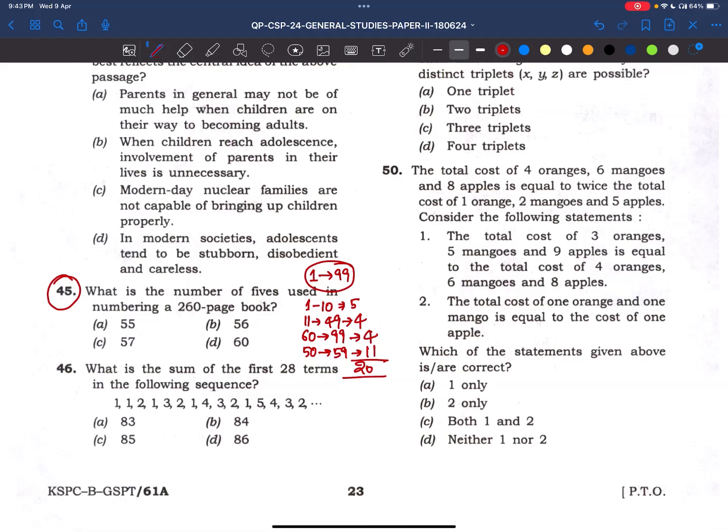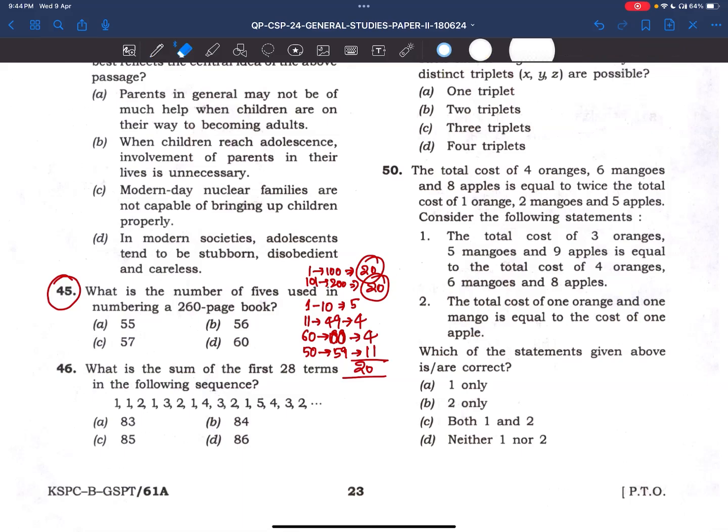Let's take 100 also. If we take 100 also, only 4 5s will be there now. That means from 1 to 100, 20 fives. Similarly, from 101 to 200 also, how many fives will be there?